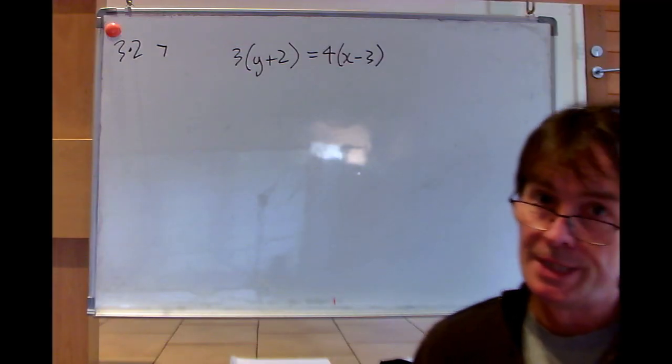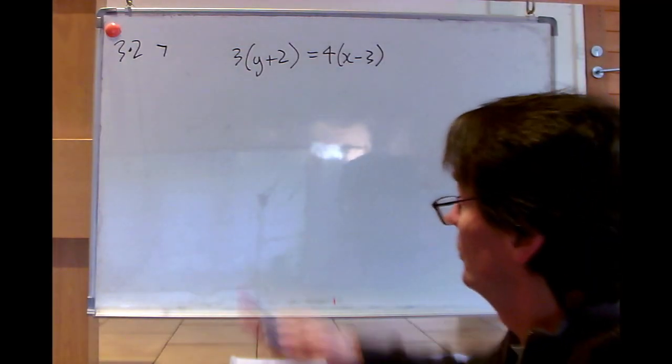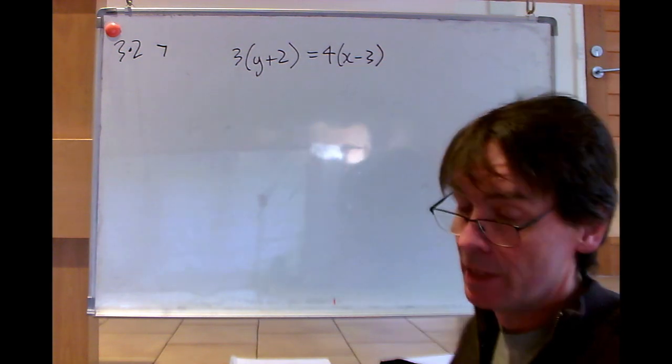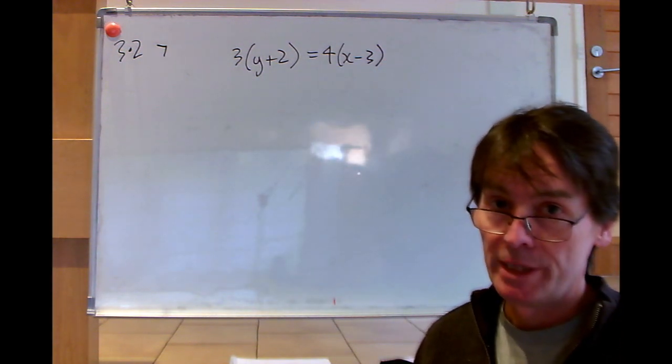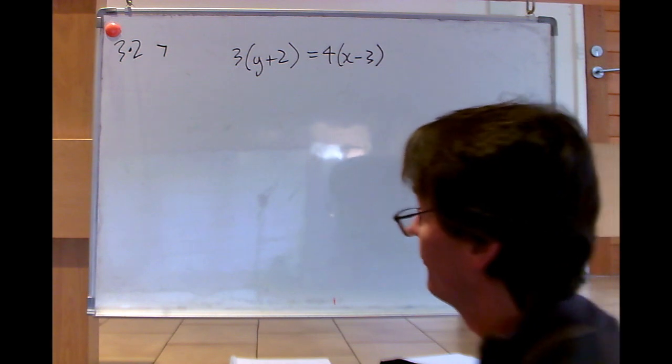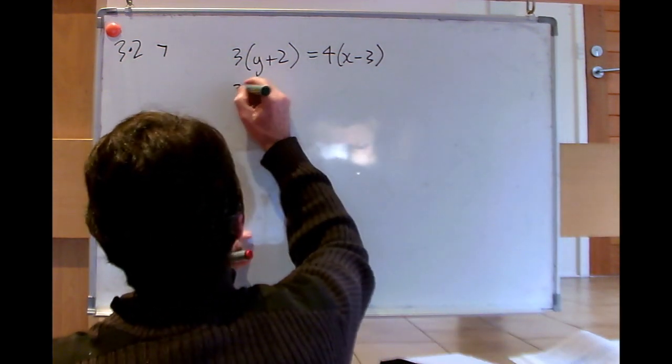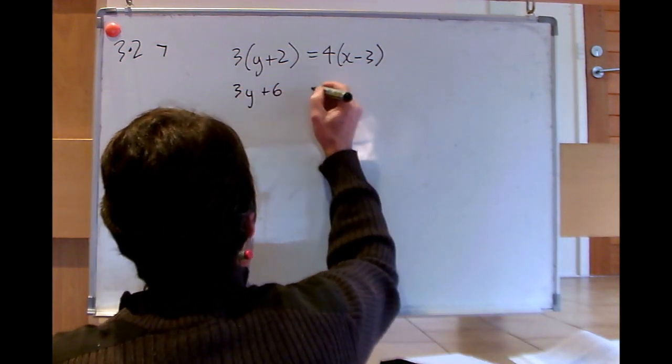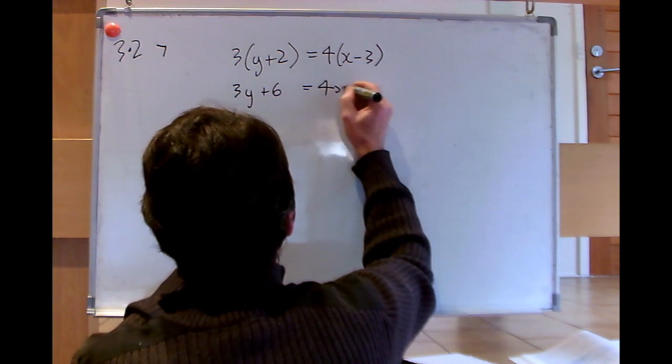This is like question 7 in 3.2. We've got an equation here. It clearly is not in the form of y equals mx plus c. So the first thing I have to do is I need to try and get it into that form.